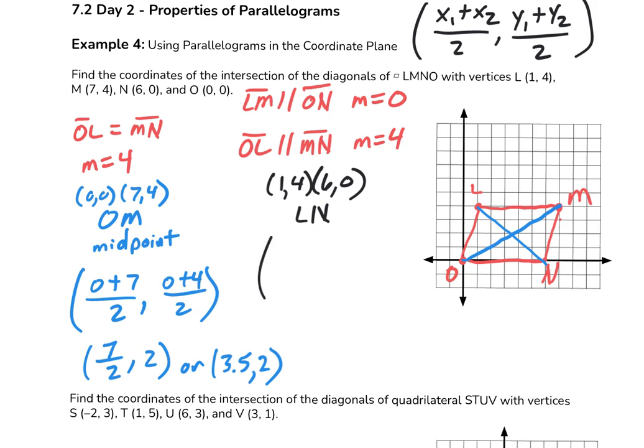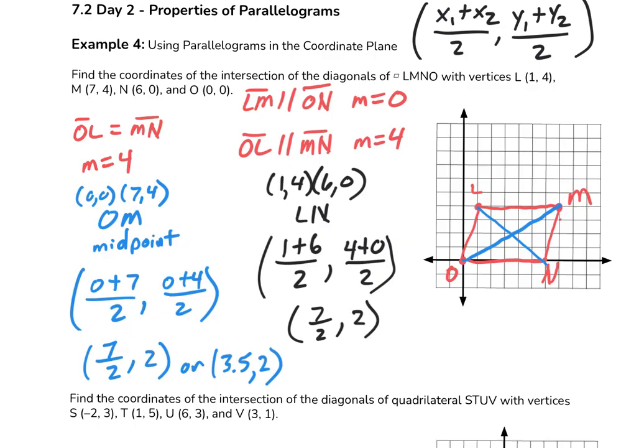And so once again, we're going to do our midpoint formula. 1 plus 6 divided by 2. 4 plus 0 divided by 2. 1 plus 6 is 7 over 2. 4 plus 0 is 4. 4 divided by 2 is 2. And so these two have the same midpoint.